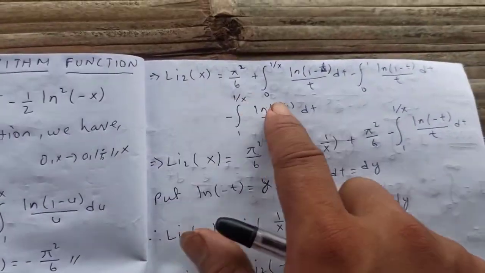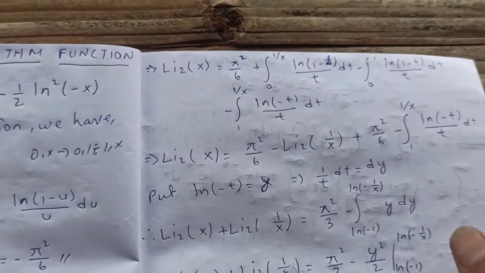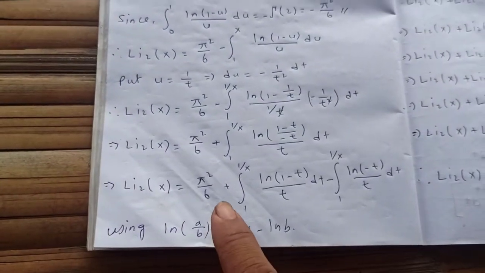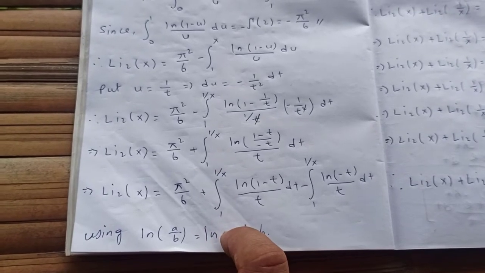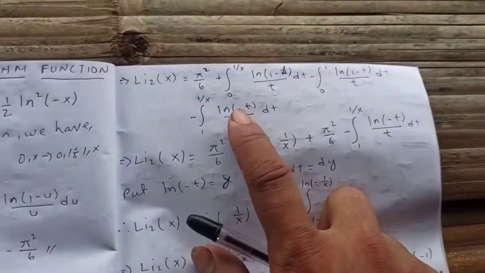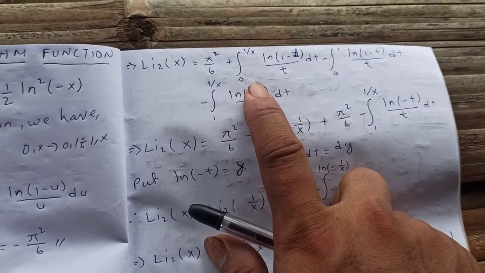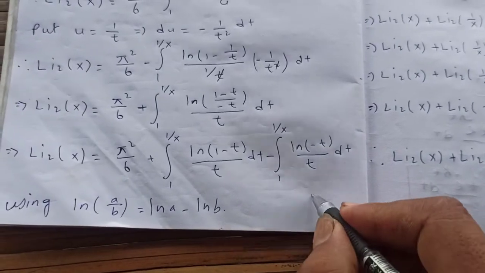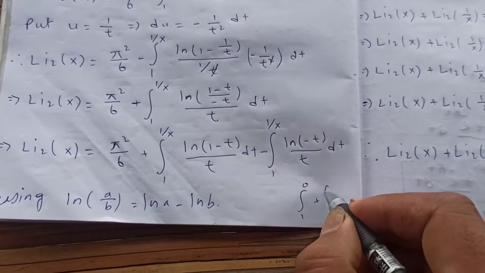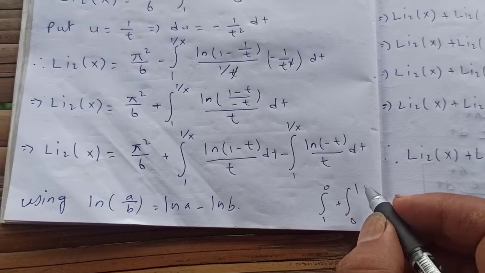Li2 of x is pi square over 6 plus the integral from 1 to 1 over x. The integral from 1 to 1 over x is the same as 1 to 0 plus 0 to 1 over x.